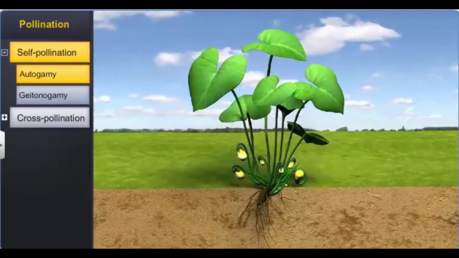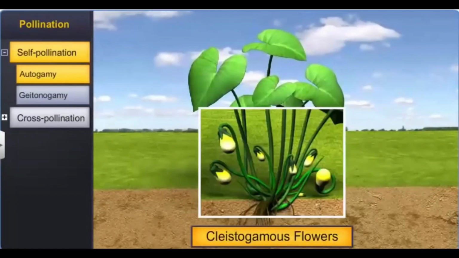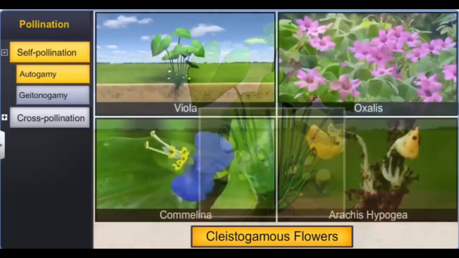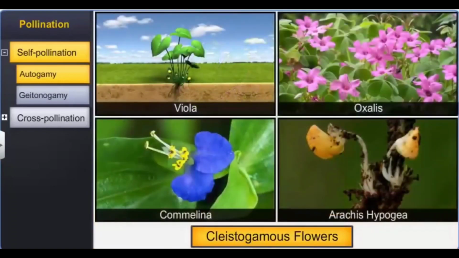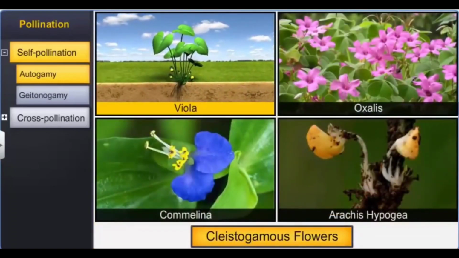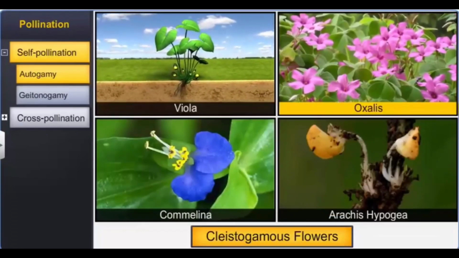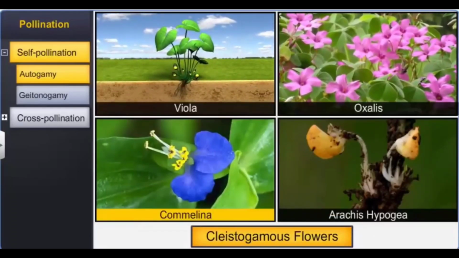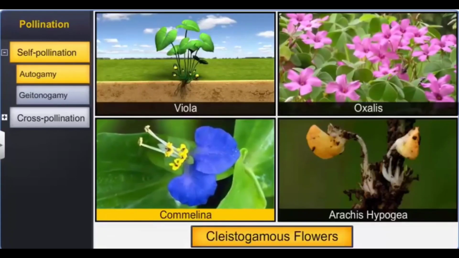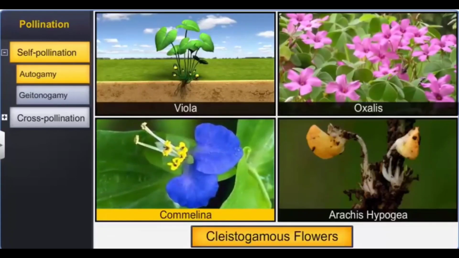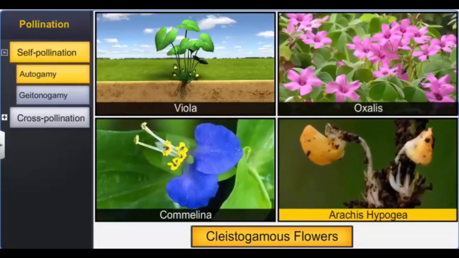And is seen in cleistogamous flowers or flowers which do not open at all, produced by plants such as viola, oxalis, commelina, and Arachis hypogea or peanut.